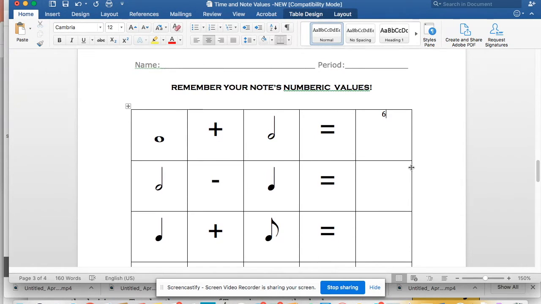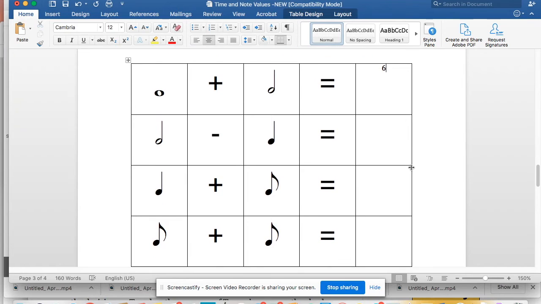We've got 3 more examples, and these are the easy examples. Take a look at them real quick. You've got 2 minus 1, 1 plus 0.5, 0.5 plus 0.5. Take 10 seconds, run through your own individual answers.